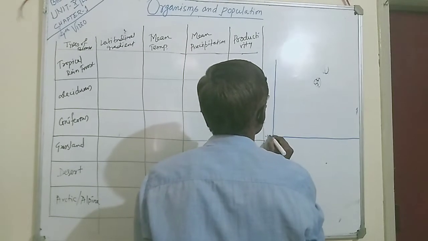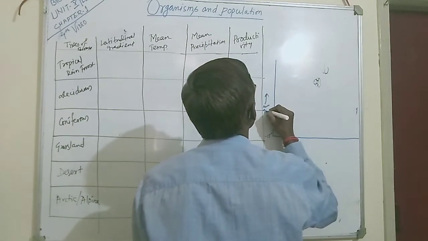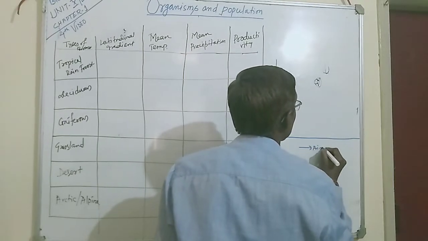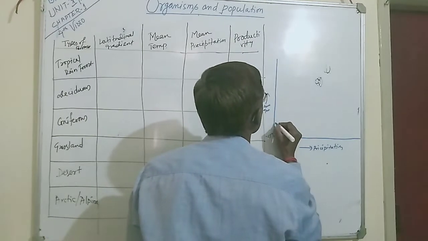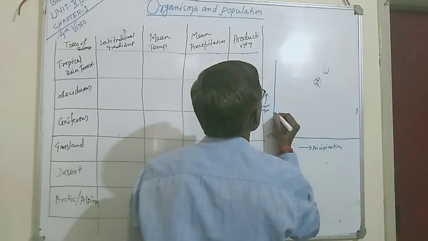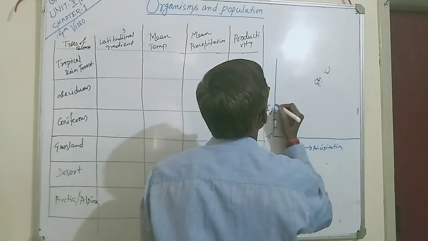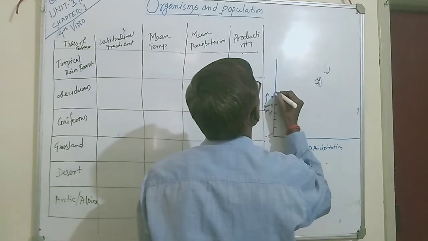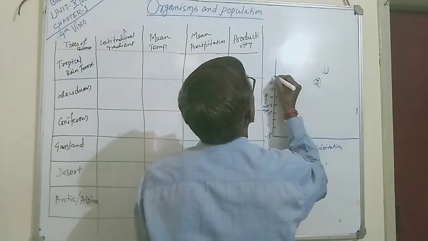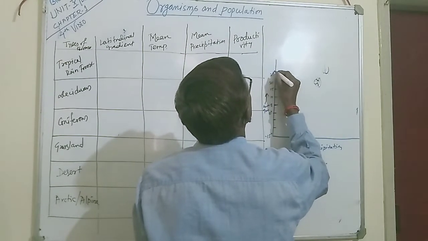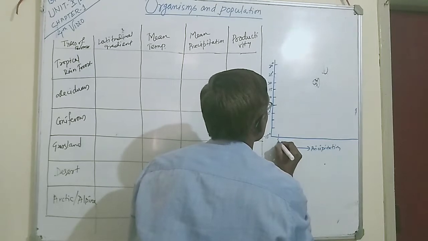Minus 15 degree centigrade, this is the mean temperature in degree centigrade, this is precipitation. 10 degree, 5 degree, 0 degree, 5, 10, 15, 20, 25, 30, and 50 centimeter.